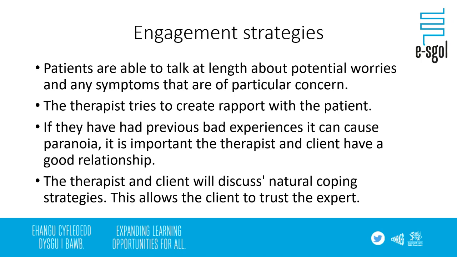And if they've had previous bad experiences, then it can cause more paranoia and it can cause more worry. So it's really important that the therapist and the client have a good relationship. The therapist and the client then discuss the natural coping strategies that they have. And again, it's all about building trust.